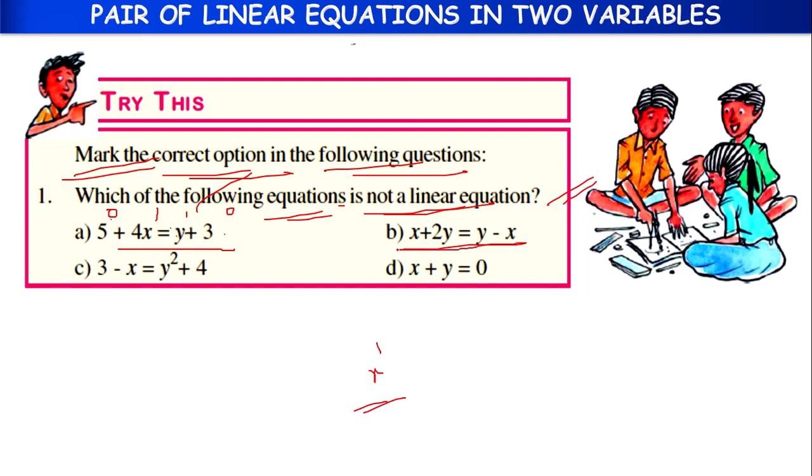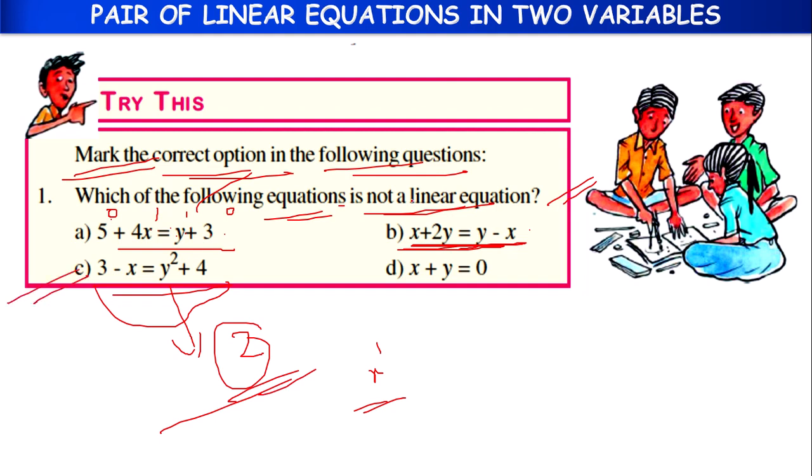This is also x plus 2y, a linear equation in two variables. But in option C, we have y square whose power is 2, which is not a linear equation. So option C is not a linear equation. The fourth one has power 1, a linear equation.